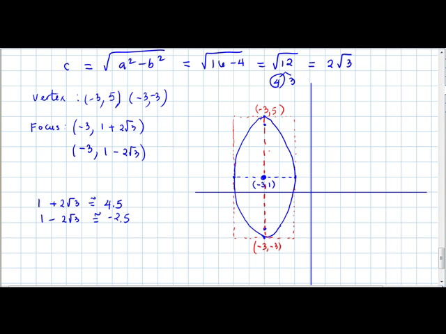This is 4 here and 4 here. Here is 2, here is B, and 2 here is B. This is our minor axis, this is our major axis. Here's our focus, right here. They lie on the major axis. Here's our vertex. That's it.